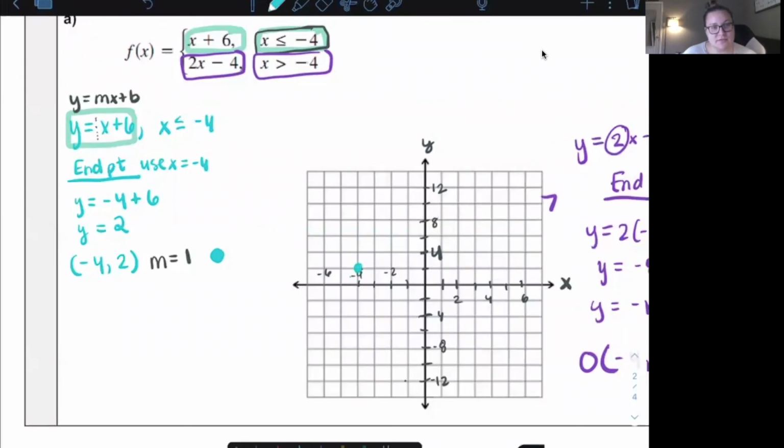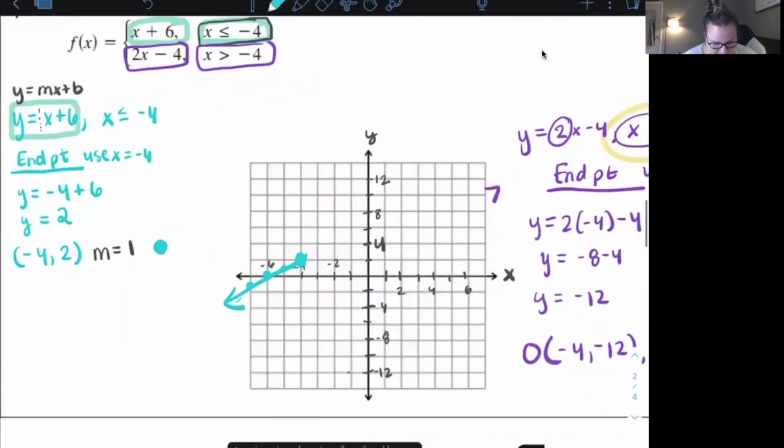And then our slope is +1, but we have to go down. So we're going to go down 1 over 1, down 1 over 1, down 1 over 1. Here we go. All right, so I just had to shift it down because I had to redo my y-axis so I could make sure I could get to -12.